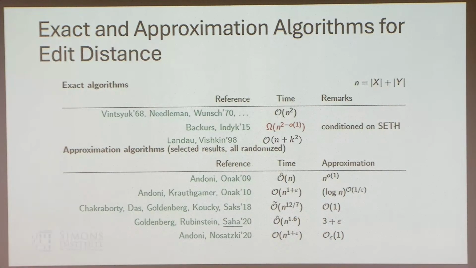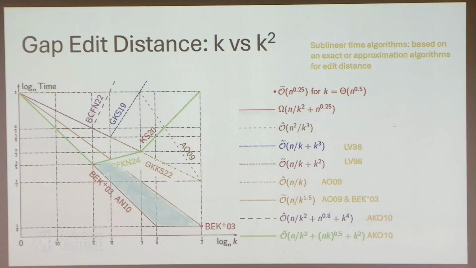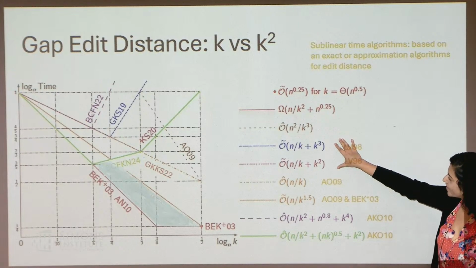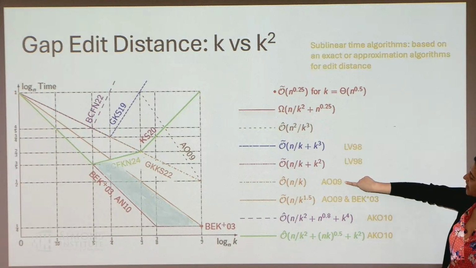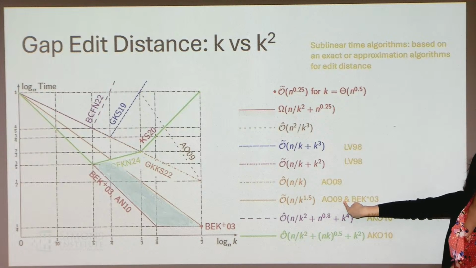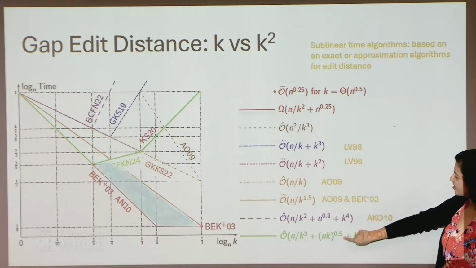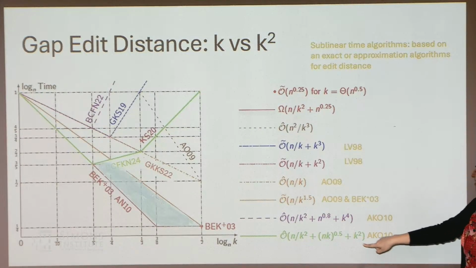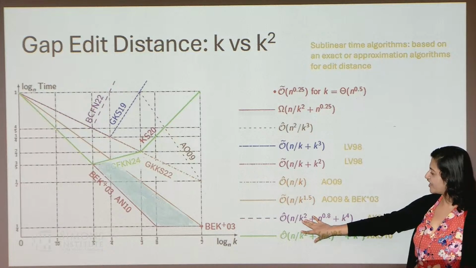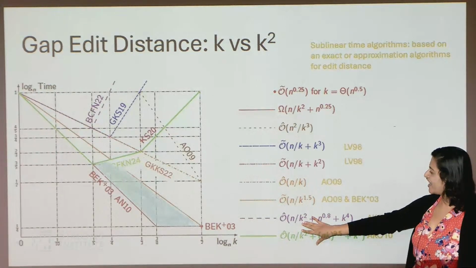Okay. So in today's talk, the results that I'm going to show you are these two results, this one, and I will give you some ideas about this. I'm not going to talk about these adaptive algorithms which match the Hamming distance bound for small k.